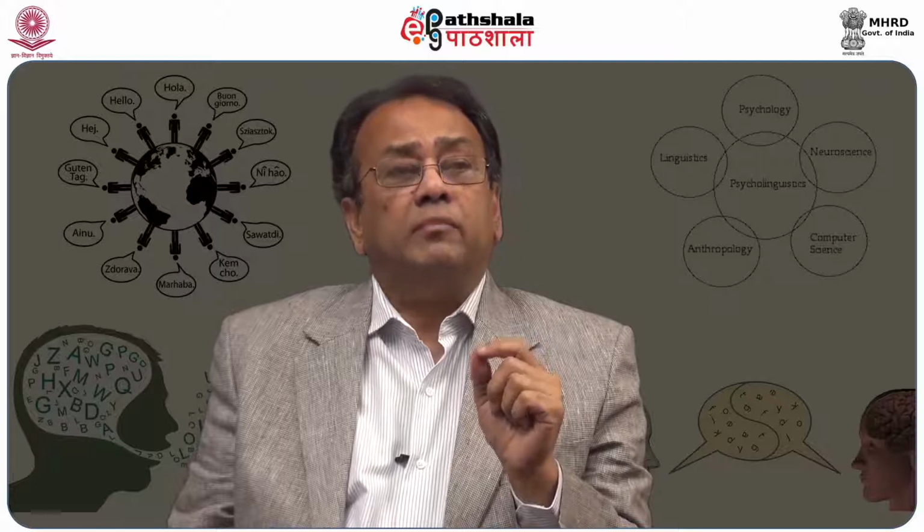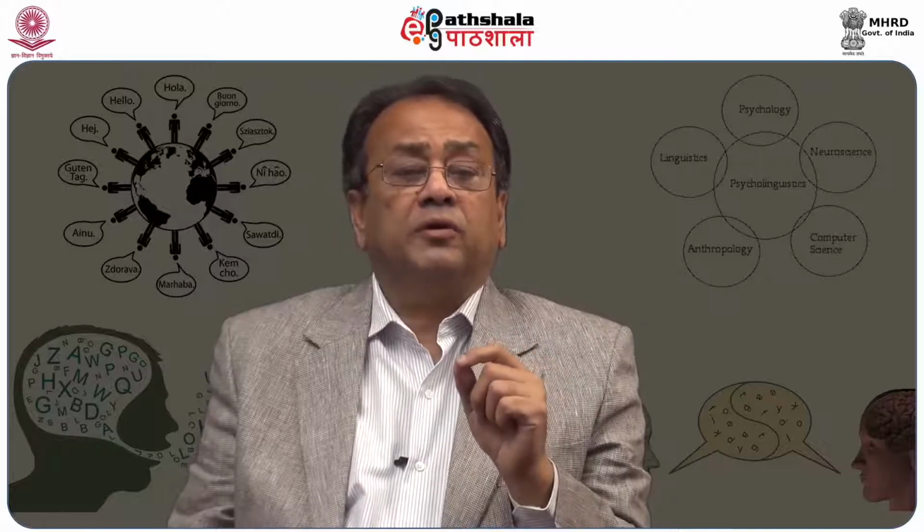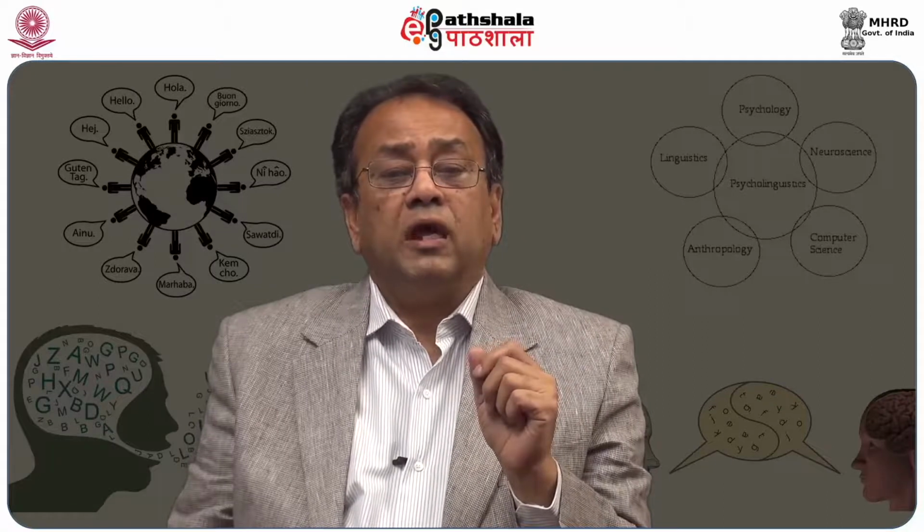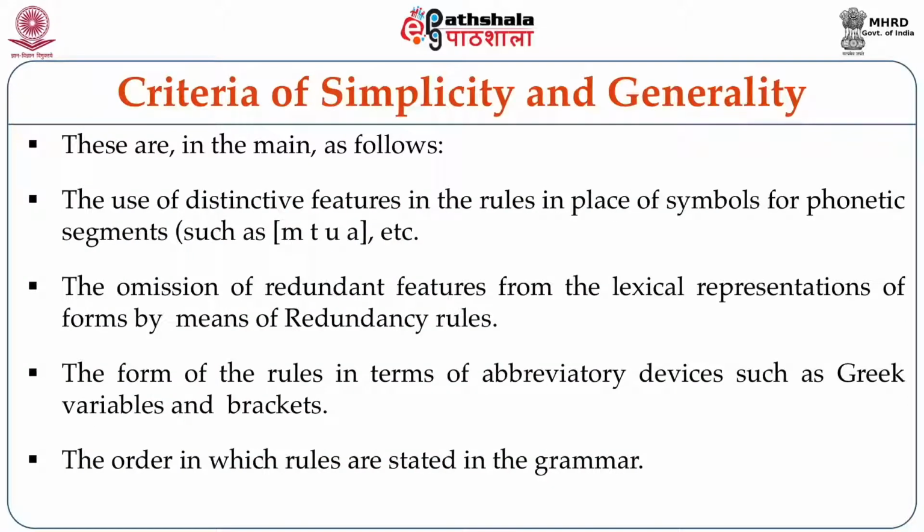Then a grammar can be simpler than another grammar by employing abbreviatory devices such as Greek variables, alpha, beta, gamma, and certain types of features such as parentheses or braces or angled brackets. So if we use these brackets in place of words, then the grammar can be made simpler.